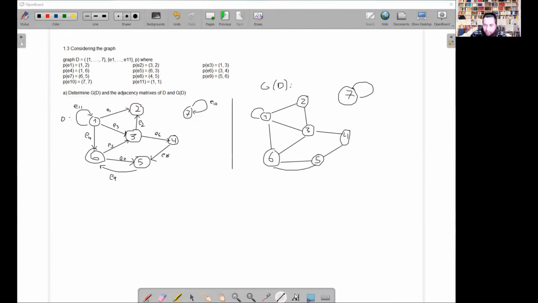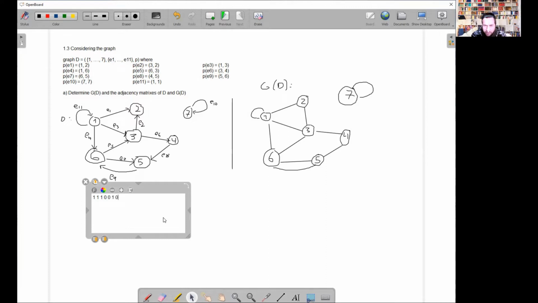Okay, so now we have to do the adjacency matrix of these graphs. We start by the first node, which is linked to E1. It is linked to E2, to E3, not to E4, not to E5, to E6, right?